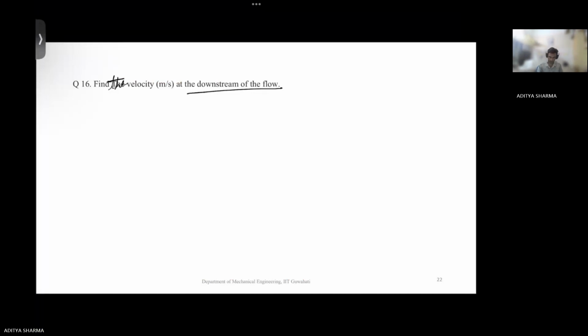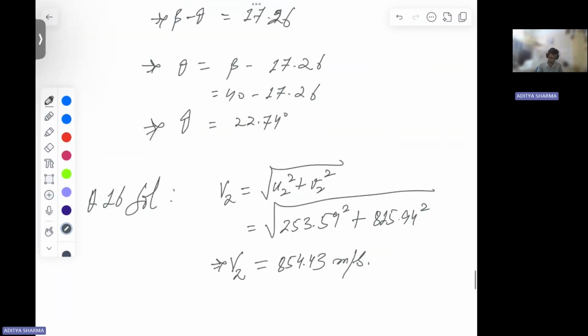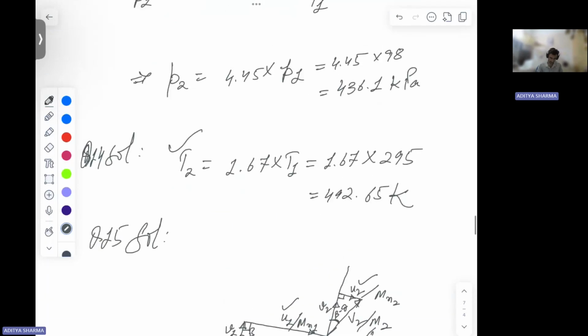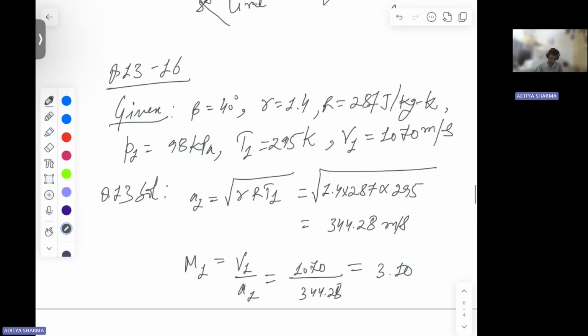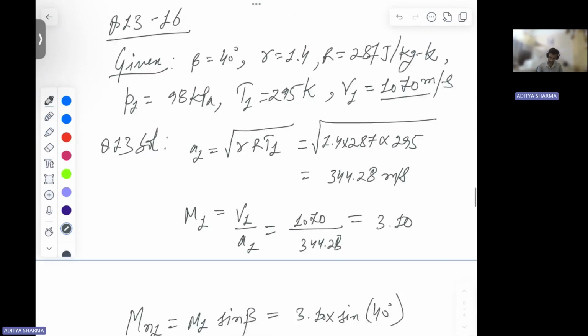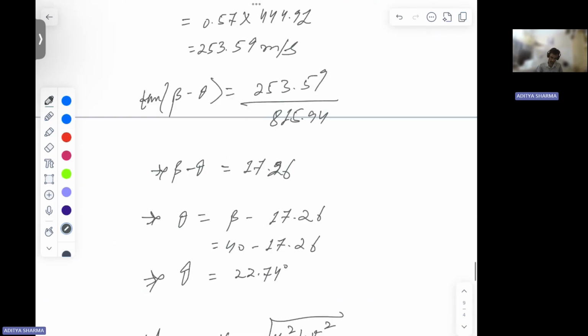Okay, so it was initially 1070, then it has been reduced to around 800 something.